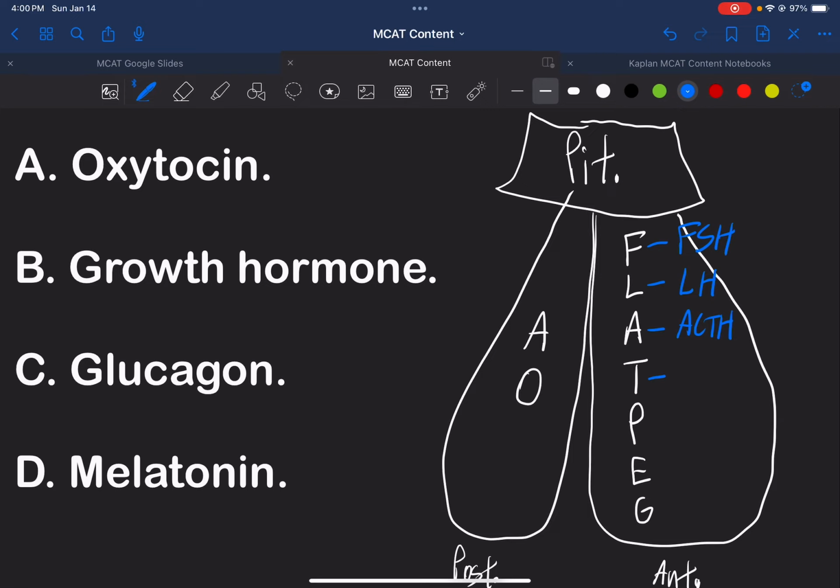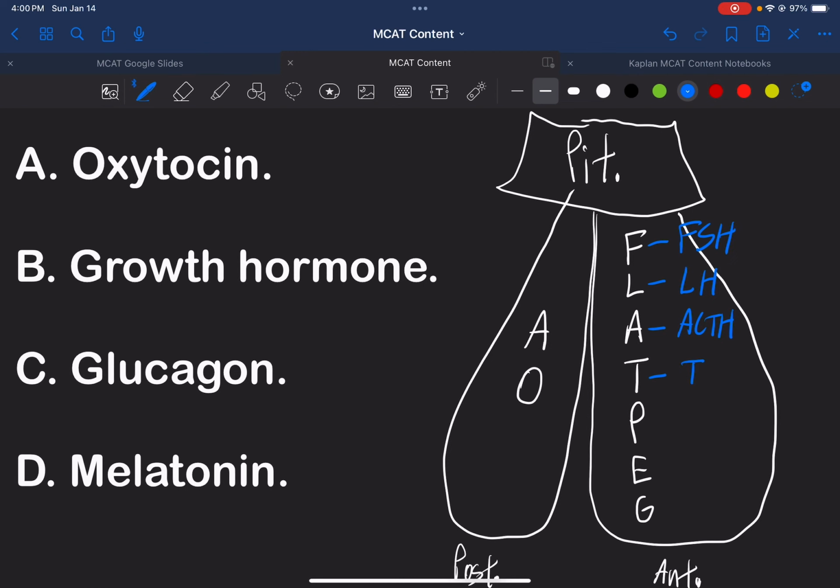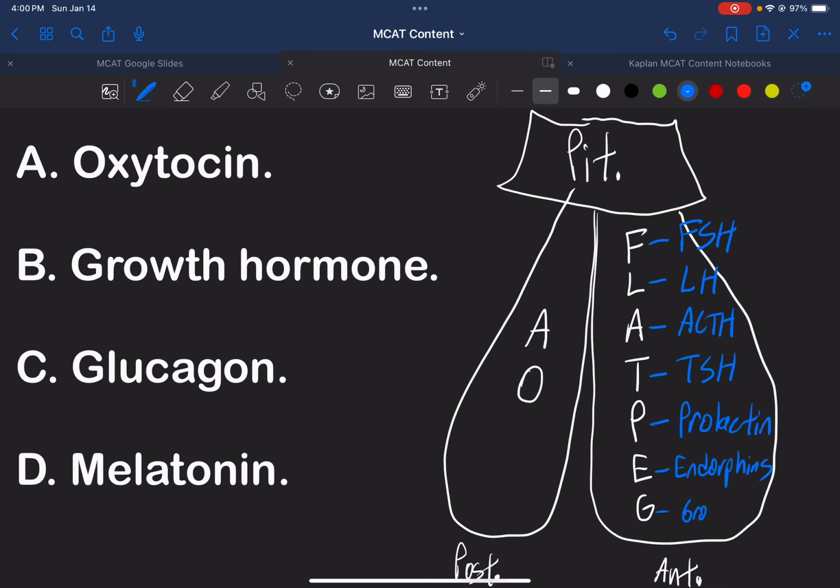The T stands for thyroid stimulating hormone, TSH. The P stands for prolactin. The E stands for, you guessed it, endorphins. And the G stands for, exactly, growth hormone, or just GH. I should have written GH.